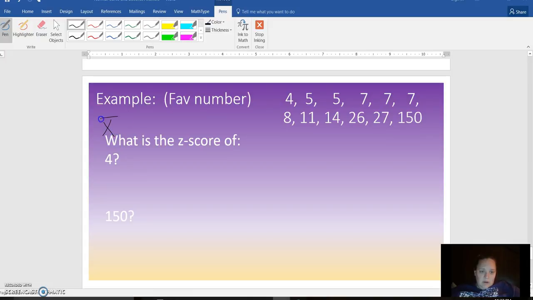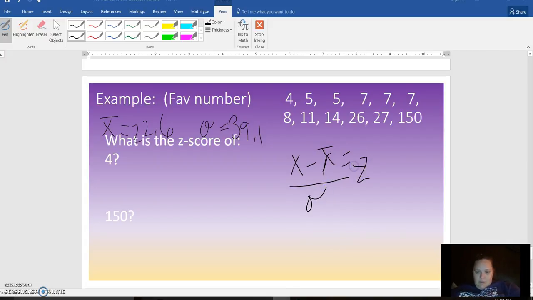X bar is, so the mean, 22.6, sigma 39.1. Right, our formula, x minus x bar over sigma is the z-score.